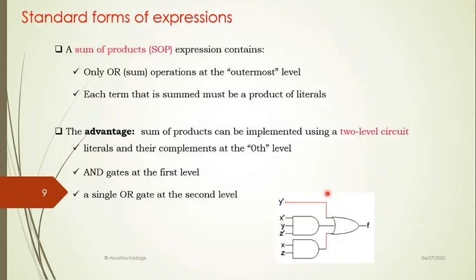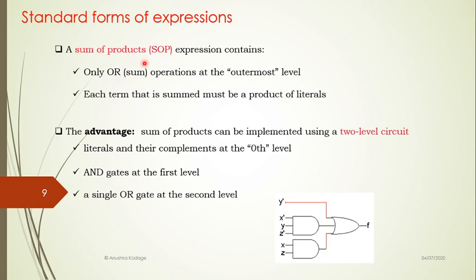So here the next part of our lecture is the standard form and canonical forms of the Boolean expression. The standard form of a Boolean expression consists of sum of products, that is SOP, and product of sums, that is POS.